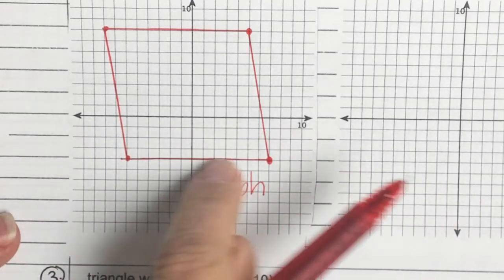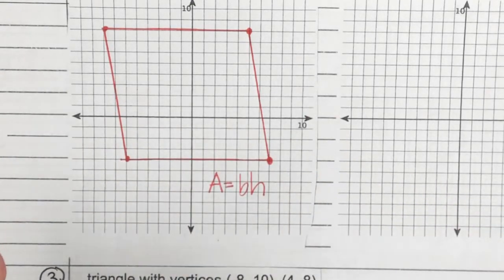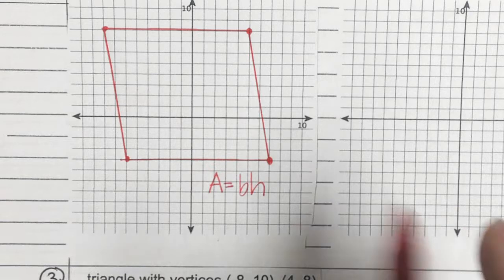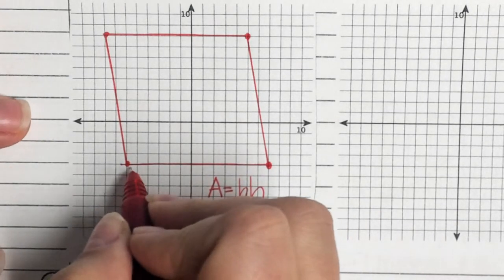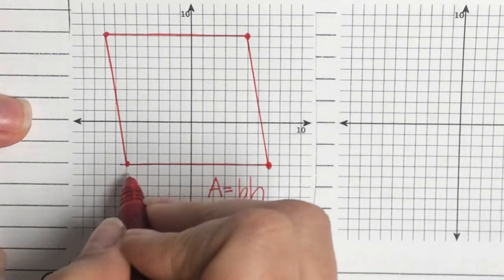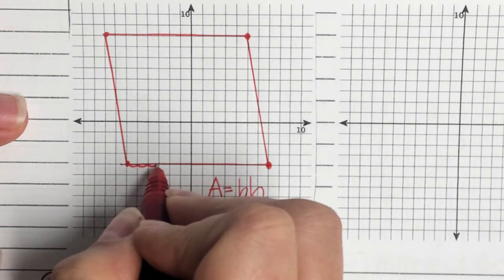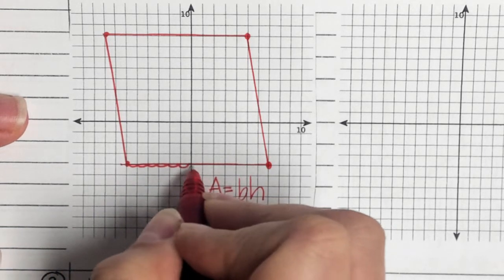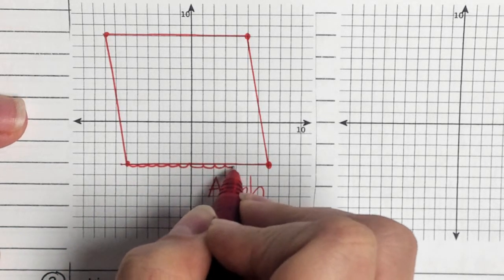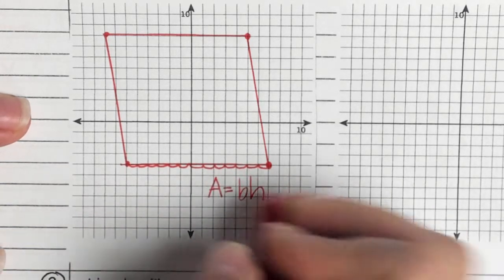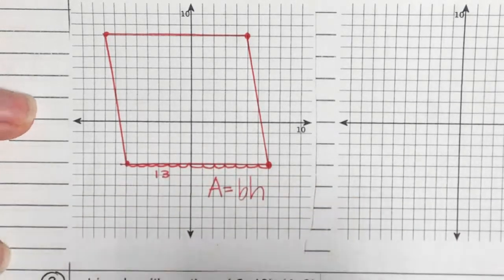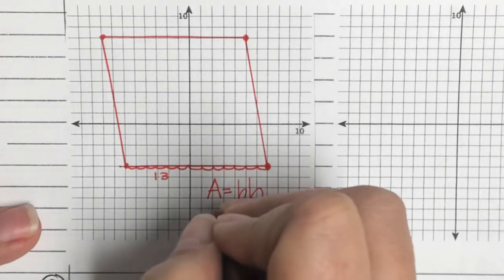So we're going to use this one right here as our base. Two different ways we can do this. Okay? I can simply go and count. Remember we talked about old froggy hops. So we've got 1, 2, 3, 4, 5, 6, 7, 8, 9, 10, 11, 12, 13. So the length of my base would be 13.